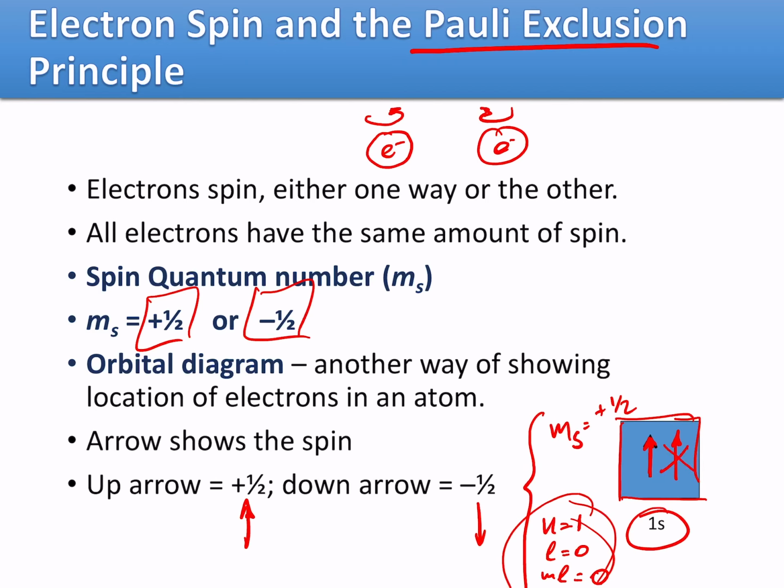So you need that arrow pointing down, so that now ms is equal to -1/2, and now you're good to go. That means that in any single orbital you can only put 2 electrons. More on that when we start electron configurations.